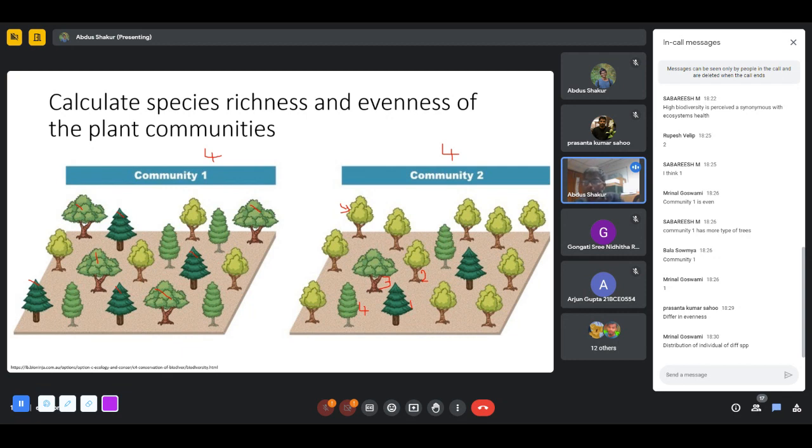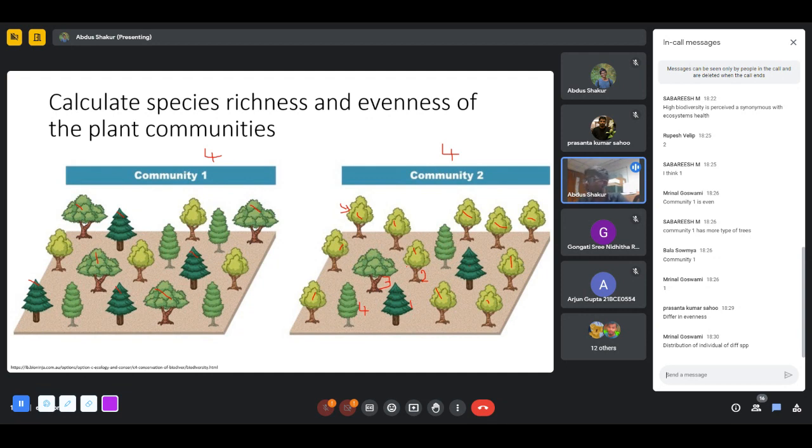But if you come to community two, as Prashanta and Mrinal have pointed out, species two is present in huge numbers, like 1, 2, 3, 4, 5, 6, 7, 8, 9, 10, 11 individuals, which is the major or dominant species present in the community, while other species are present in either one or two numbers each.